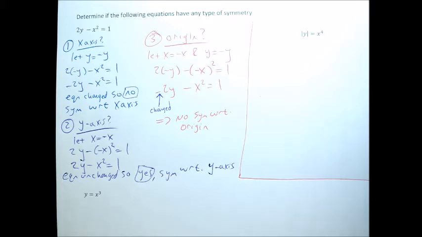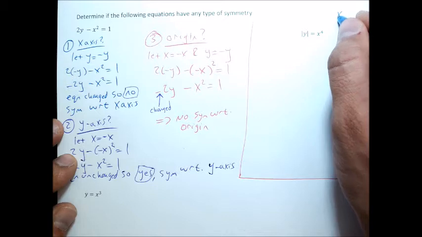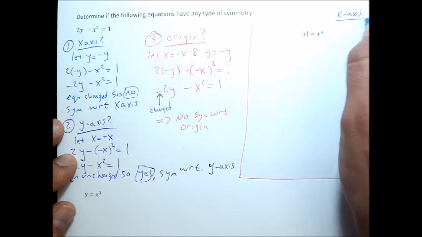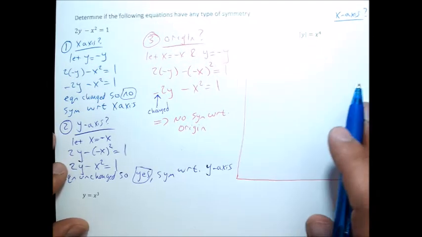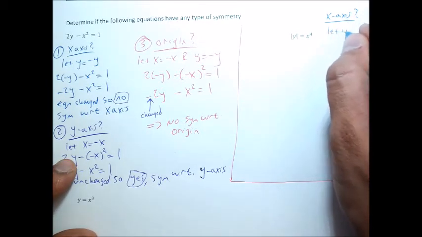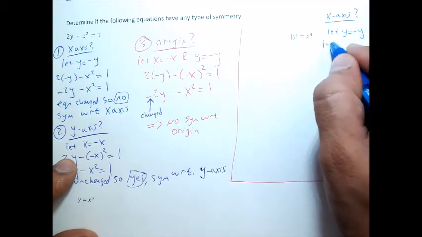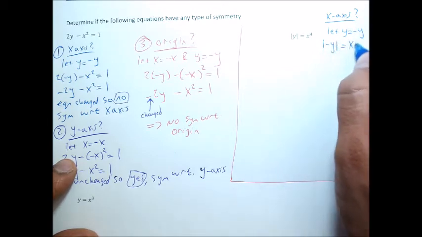All right, let's do the next one then. So let's look at x-axis on this one. We'll need enough room here, so make sure you're giving yourself enough room. So x-axis on this one on the right. We let y equal negative y. And when we do that, it ends up inside the absolute value, right?